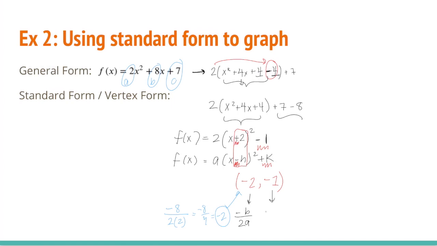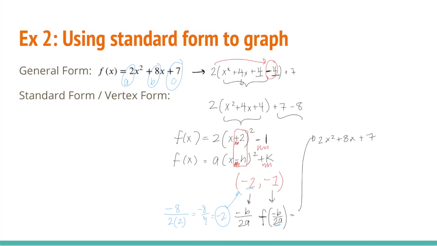And we also learn that the y value is just what happens when we plug in negative b over 2a, our x value, into our general formula. So let's try that also. So my general formula, I'm going to do this up here, is 2x squared plus 8x plus 7. And remember, my negative b over 2a was negative 2.